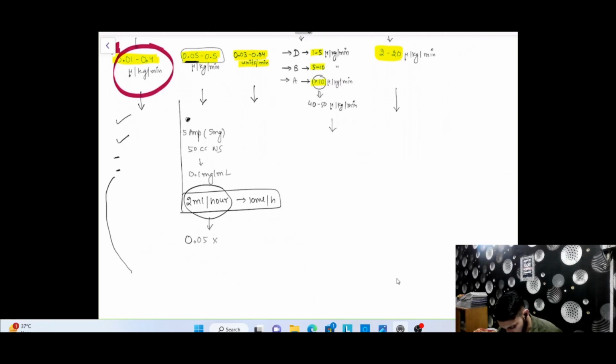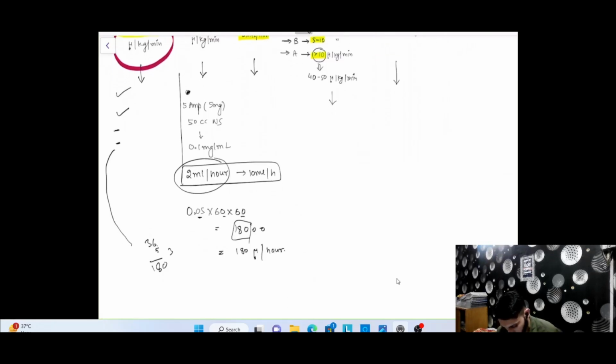If it is 0.05 and the person is 60 kg, it will be 3 microgram per minute. So the minimum is 0.05 microgram per kg, suppose 60 kg weight, and per hour it will be 60 times 3, which is 180 microgram per hour. This should be the minimum rate to start with.